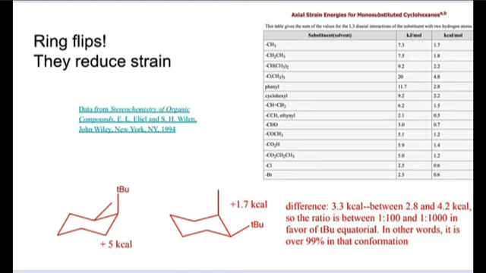Okay, so the next type of problem is going to involve looking up energies on a table. I have my source of data right here. This is an excellent table providing 1,3-diaxial strain energies for all of these substituents with 2 hydrogen atoms.